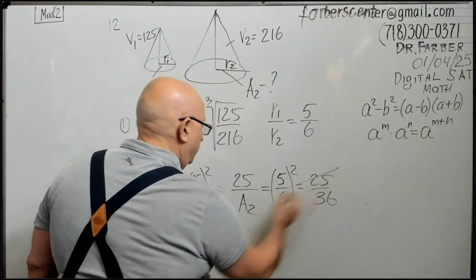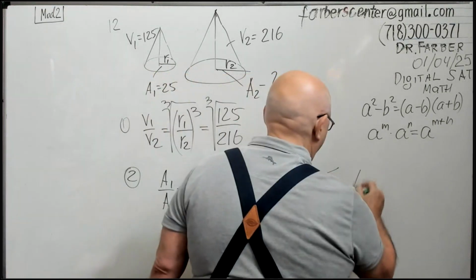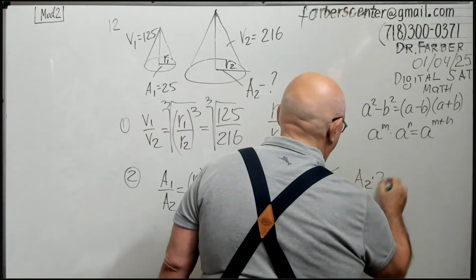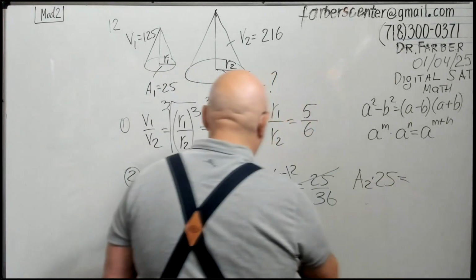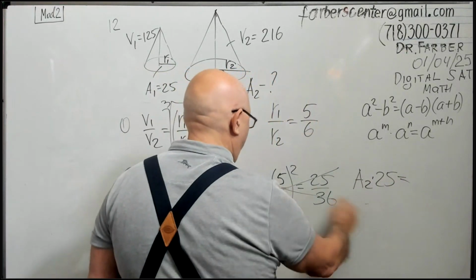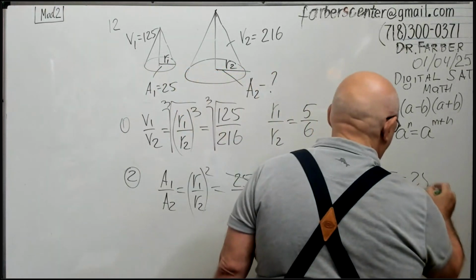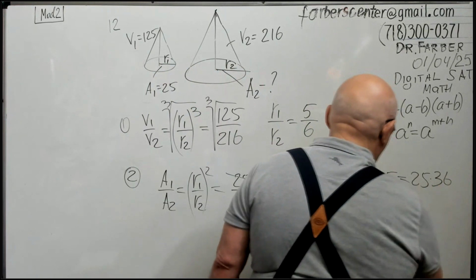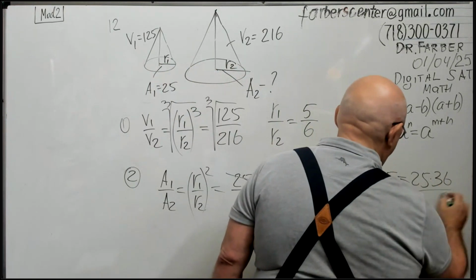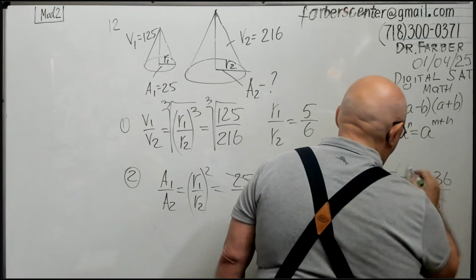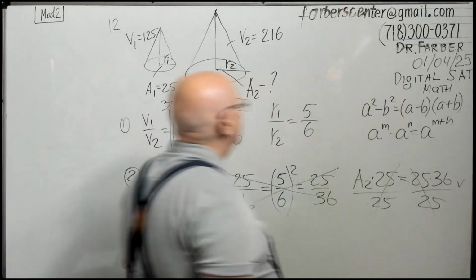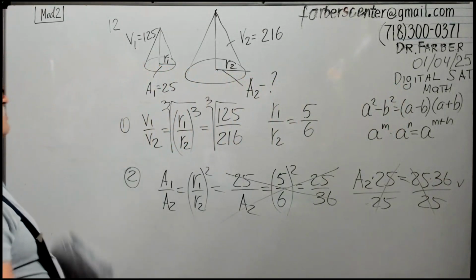Now A2, cross times 25 equals 25 times 36. Divide by 25 both parts. The answer is 36.